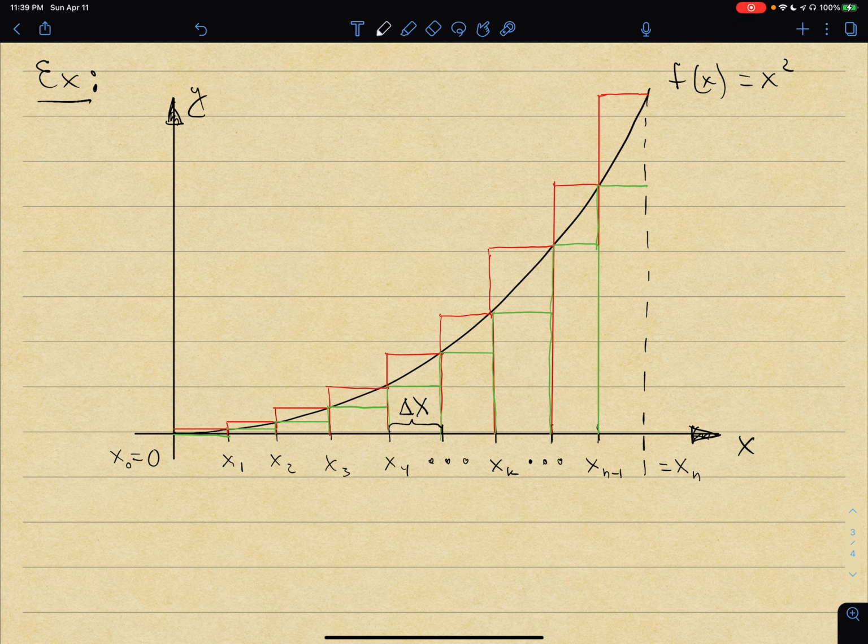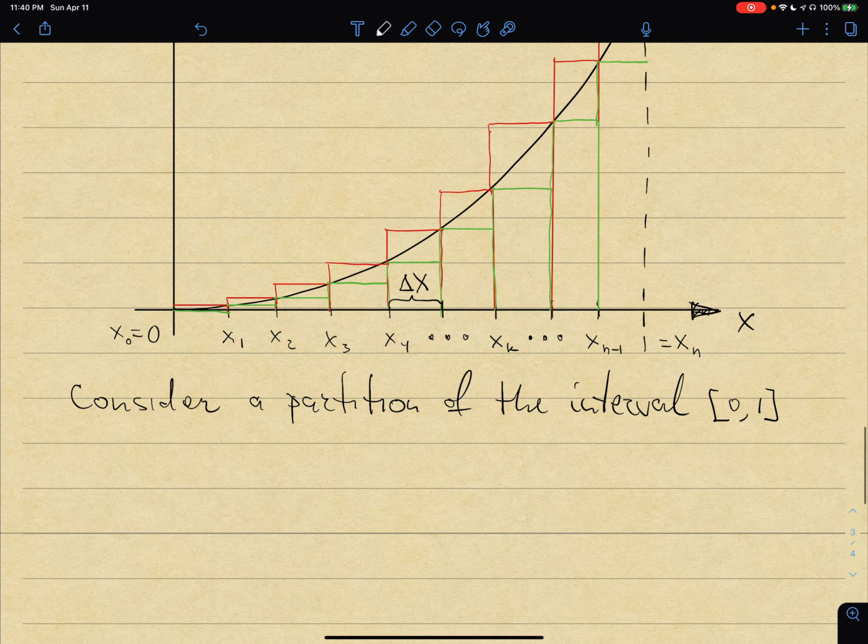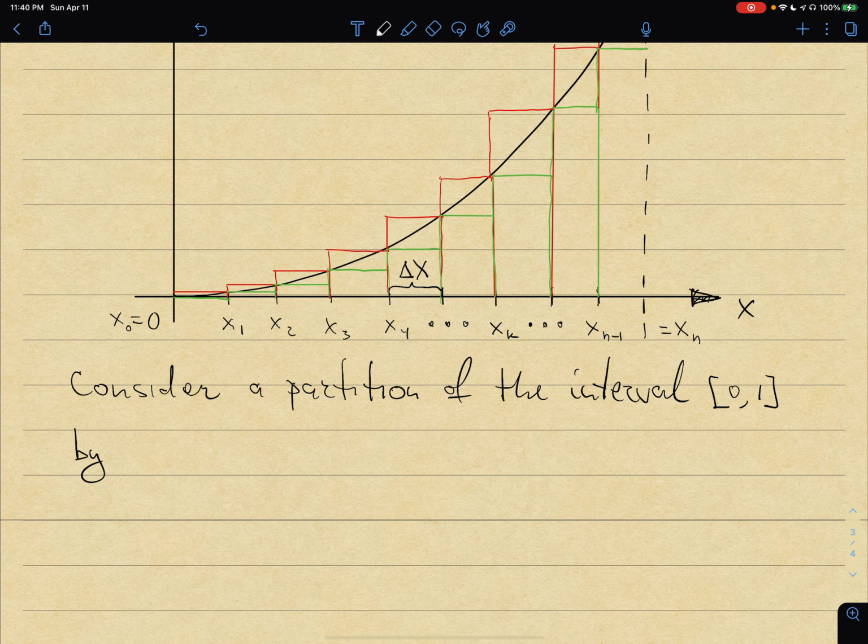Let's consider a partition of the interval from 0 to 1 by n intervals of equal length.